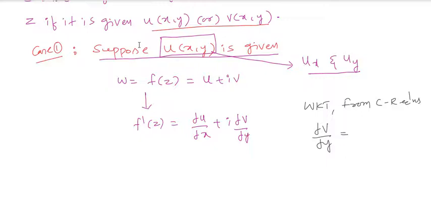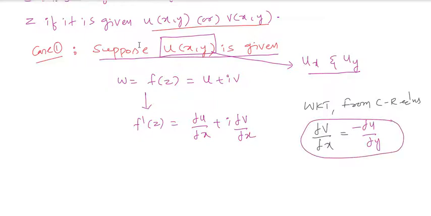Sorry, somewhere we made a mistake here. This is with respect to x I'm doing now: dou u by dou x plus i into dou v by dou x only. Yes, this is dou v by dou x, not dou v by dou y. Now I have to replace dou v by dou x with respect to u. From CR equations, dou v by dou x is nothing but minus dou u by dou y, because I don't know the value of v.